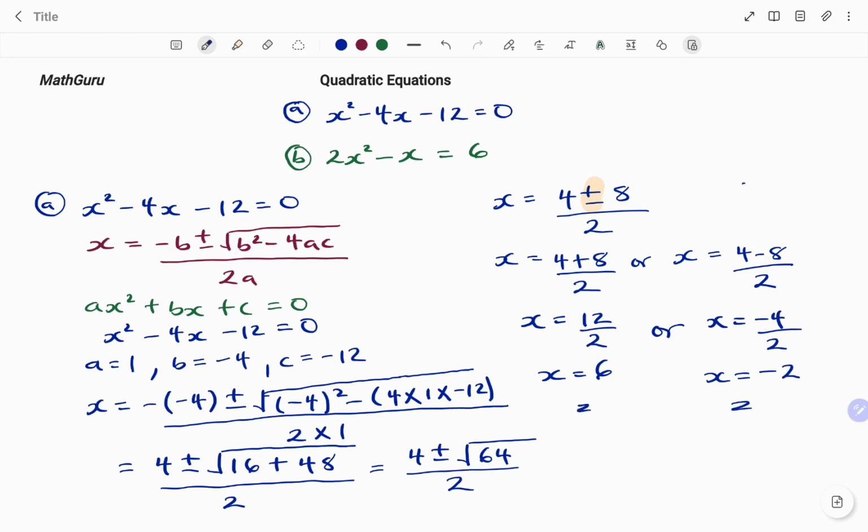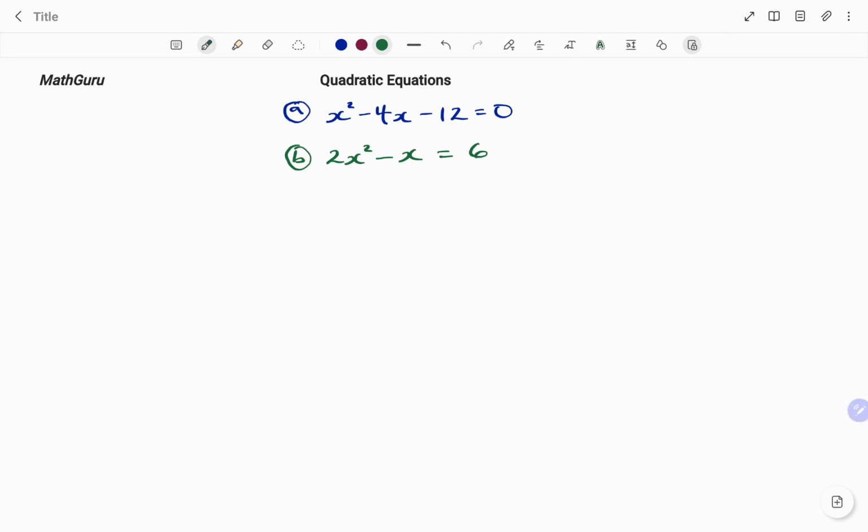Let's look at the second example. My second example, that's b, states that 2x squared minus x equals 6. Note that we're still using the quadratic formula, and that is the value of x equals minus b plus or minus the square root of b squared minus 4ac, all divided by 2a.